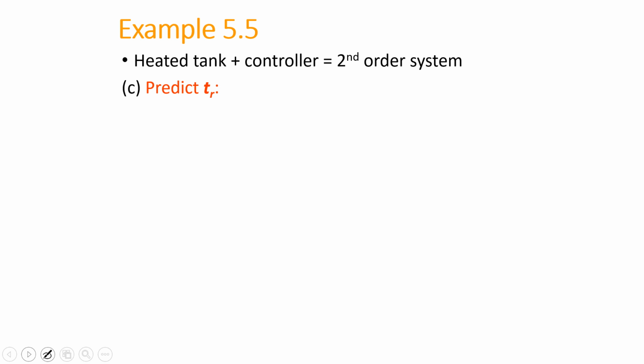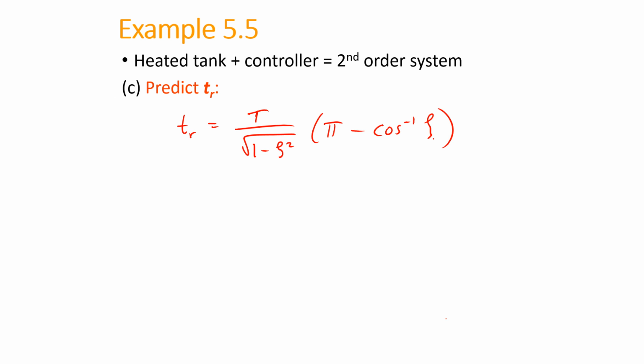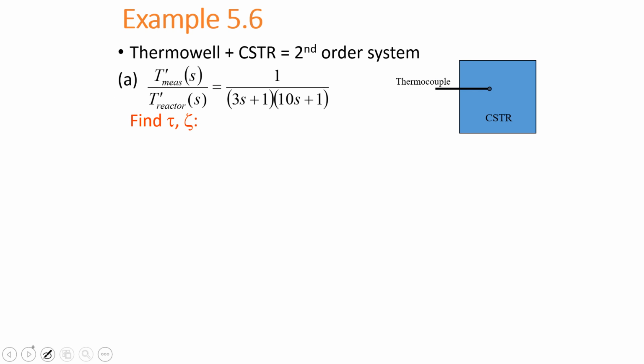So even if we didn't have that, we have our rise time equation, which is tau over square root of 1 minus zeta squared, times pi minus the inverse cosine of zeta. So once we have the zeta and the tau values, we can predict other things about this response, like the rise time or other quantities.